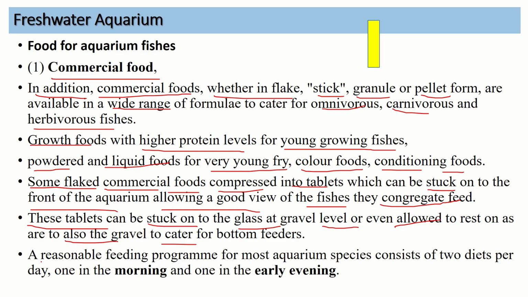If this is done in the evening, just before the tank lights are switched off, it then provides food for nocturnal species. A reasonable feeding program for most aquarium species consists of two feeds per day, one in the morning and one in the early evening.